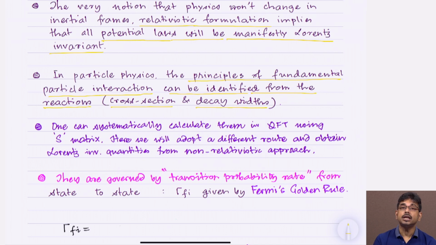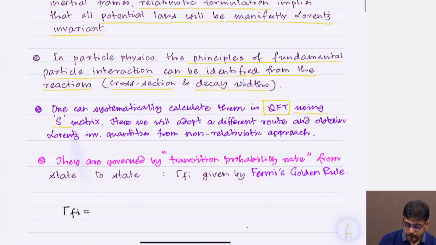Now, the cross sections and decay widths can be systematically calculated from quantum field theory, which is the basis of particle physics, using something called the S matrix formalism. If I have to discuss that, that's a bit of a long story and I cannot really afford to do so.